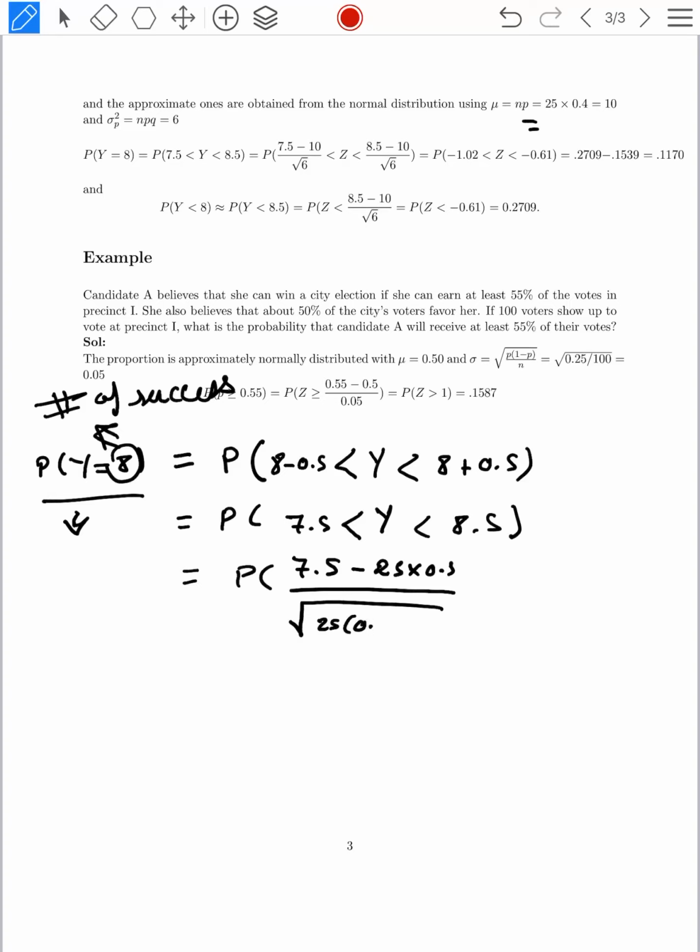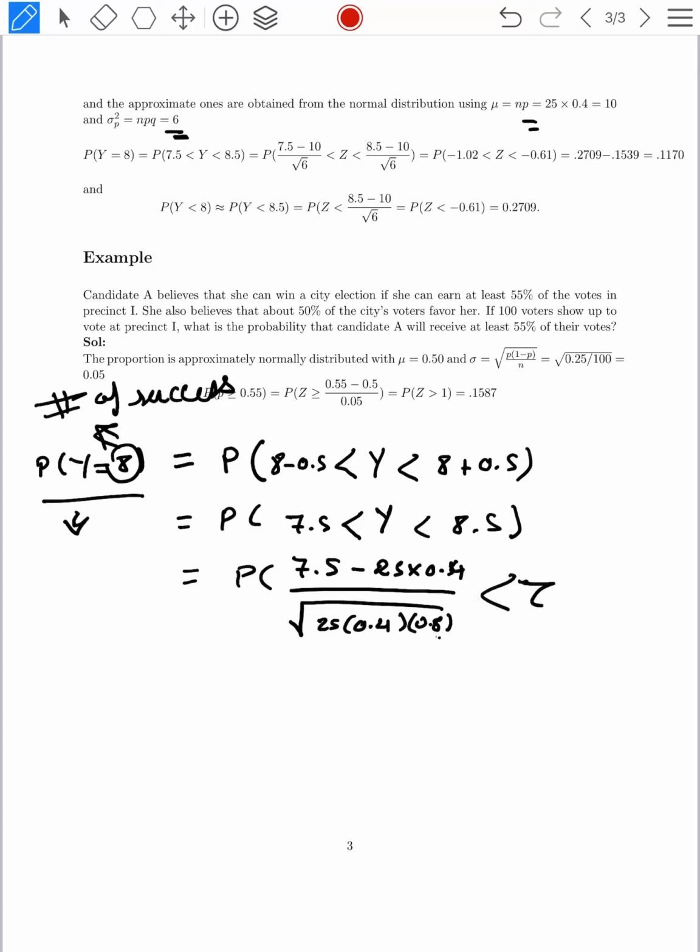the square root of n times p times 0.6, which is 25 times 0.4 times 0.6. This is how we approximate this part. 0.4 times 0.6 times 25 is going to be 6, so we talk about root 6.